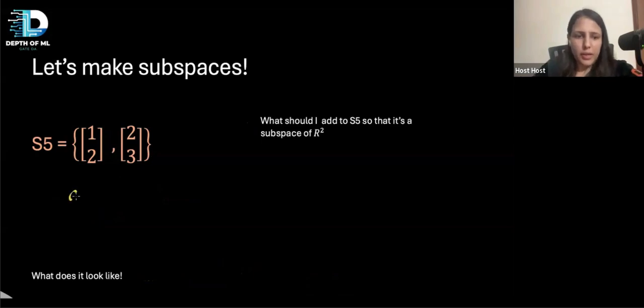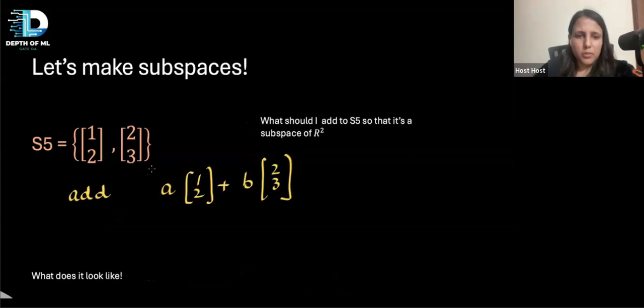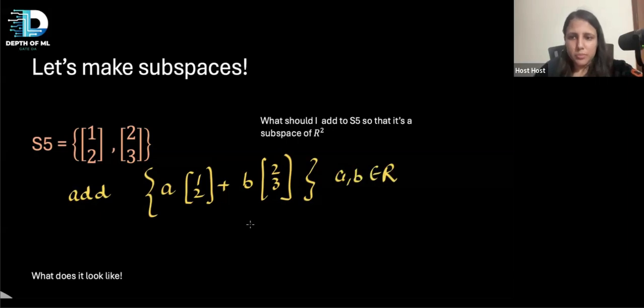So what I'll add, like you guys are right, I'll add A of 1, 2 plus B of 2, 3, this set, where A and B belong to R. So if I take every combination of this, will it not cover all the vectors from R2?